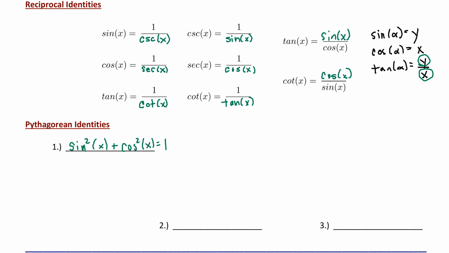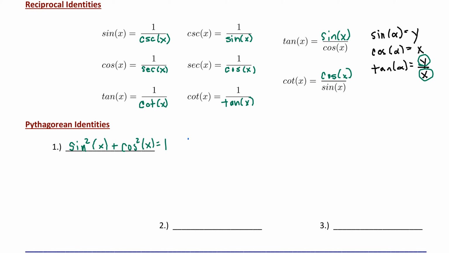Though we proved this identity previously, we can review the source of this identity by recognizing that a point on the unit circle has horizontal segment given by cosine, vertical segment given by sine. If we assimilate that into a right triangle, the hypotenuse of that right triangle would be the radius of the unit circle, or 1. So essentially, we're just applying the Pythagorean theorem to a triangle on a unit circle.